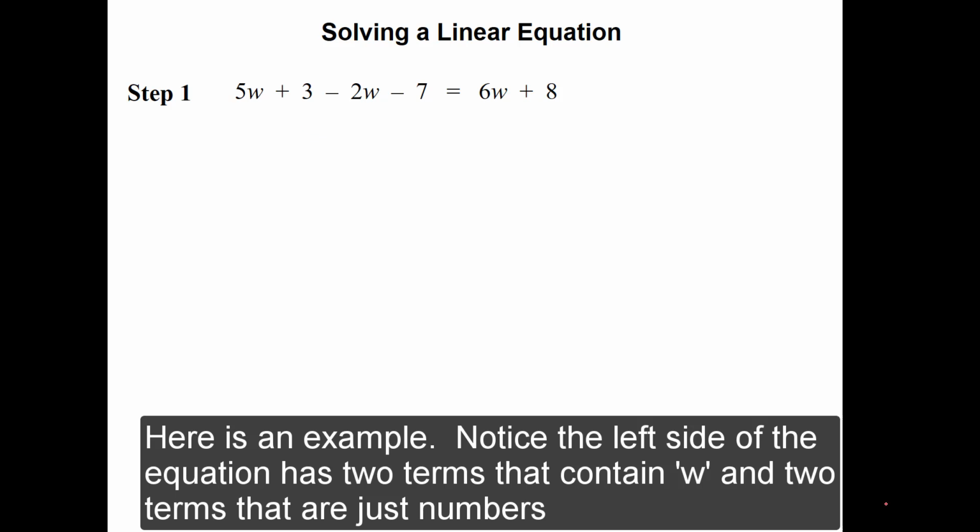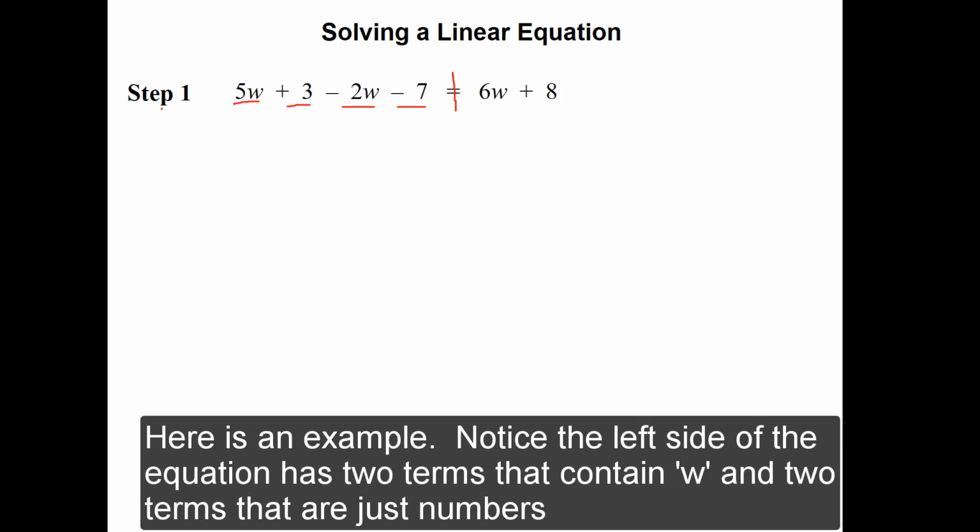Here is an example. Notice the equation written here, and what you will also notice is that, and I'm going to put a line here on the equal sign just to show it distinctly, on the left side of the equal sign we have two terms that contain w's, and we have two terms that are just numbers.